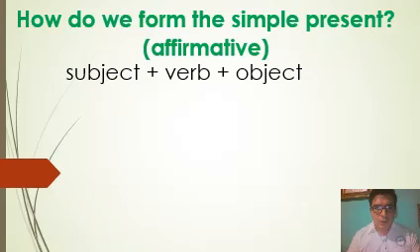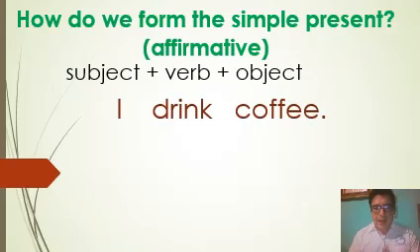Then we add the verb, and finally we add the object. For example: I drink coffee. I is the subject, drink is the verb, and coffee is the object.